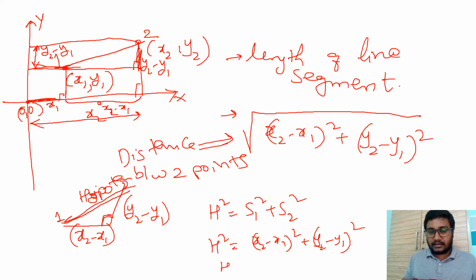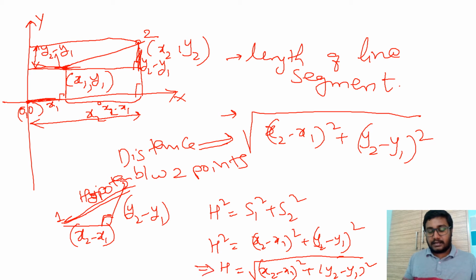If you move that square to the other side, we get h equal to the square root of x2 minus x1 whole square plus y2 minus y1 whole square. By this method we have obtained the distance between those two points using the Pythagoras theorem. It is a proof for obtaining the distance between 2 points.